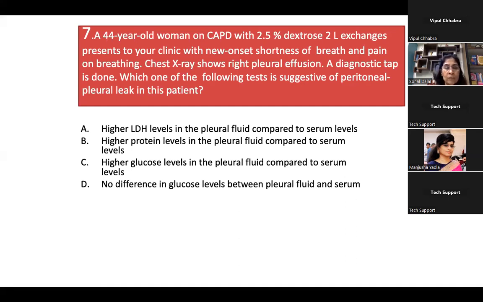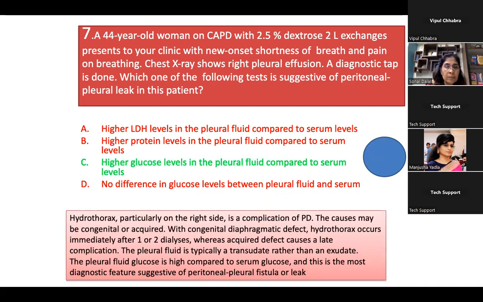And option D, no difference in glucose level between the pleural fluid and serum. Time up. The correct answer is higher glucose level in the pleural fluid compared to serum.